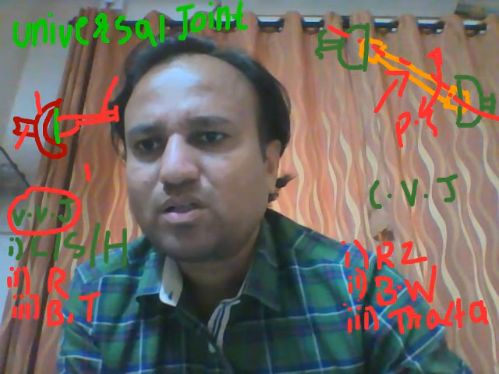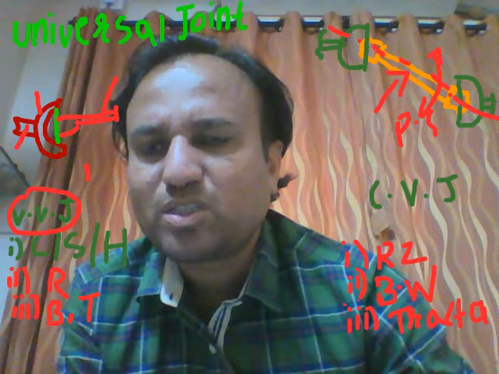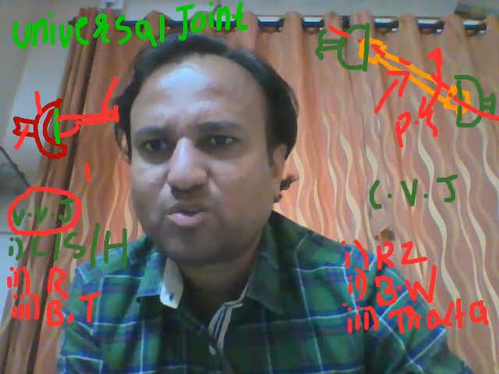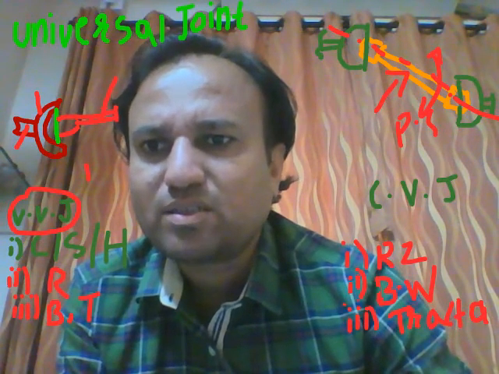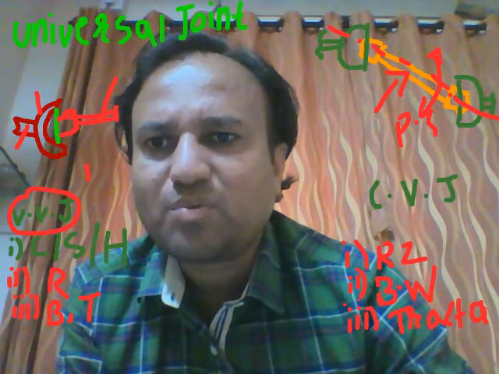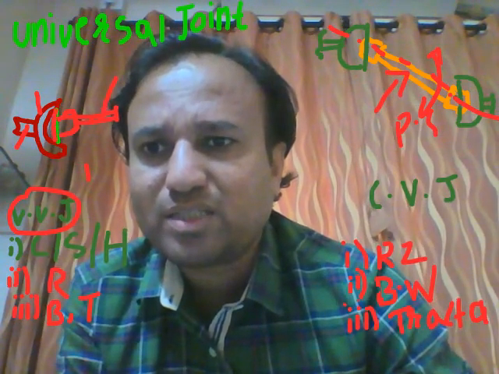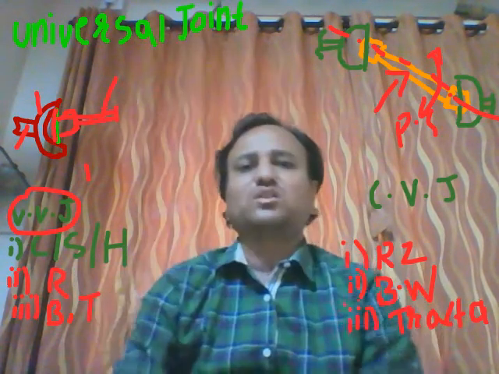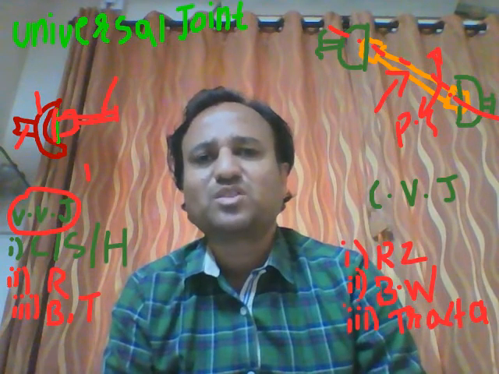Between the driving and driven shaft, a universal joint is used. The driving shaft is connected to the driving member of the universal joint, then the driven shaft is connected to the driven member of the universal joint. And the third element connects the driving and driven member of the universal joint, same as in the different types of coupling.